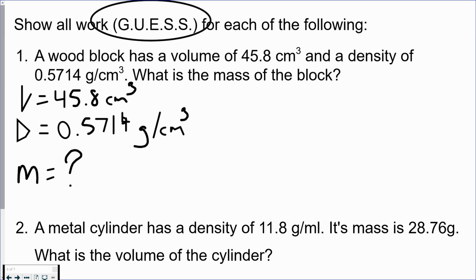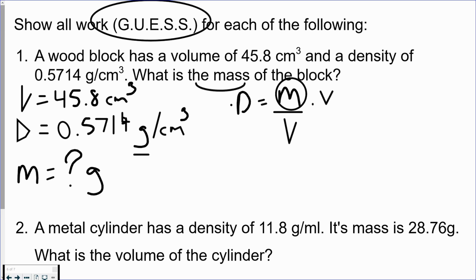Okay, the unit that we would be using, the only unit for mass is grams. So we're going to use D equals M divided by V. We want to isolate M, so we need to multiply each side by V, giving us M is equal to D times V. So go ahead and substitute those numbers in, and we should get a final answer. Now, your final answer, you need to take into consideration sig figs.